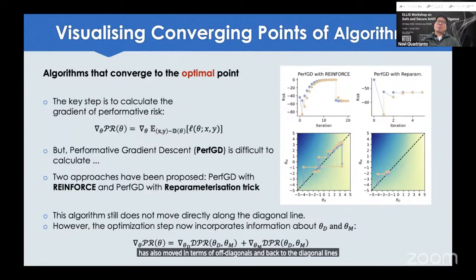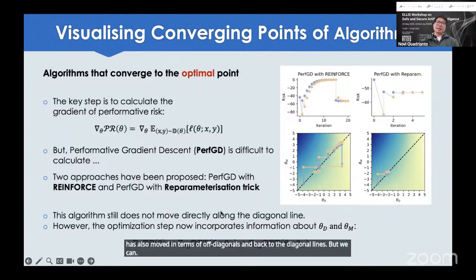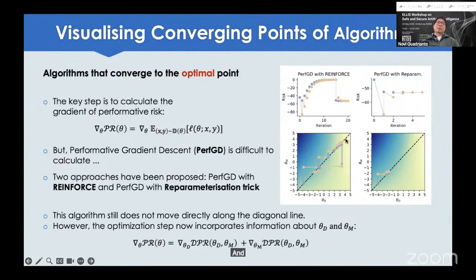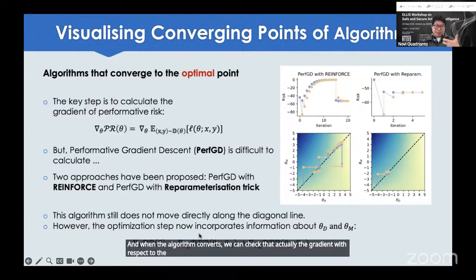But we can see that this optimization step incorporates information about theta d and theta m. And when the algorithm converges, we can check that the gradient with respect to theta d plus theta m is equal to 0, because the gradient at the diagonal equals 0. And that's why this algorithm converges to the optimal point.